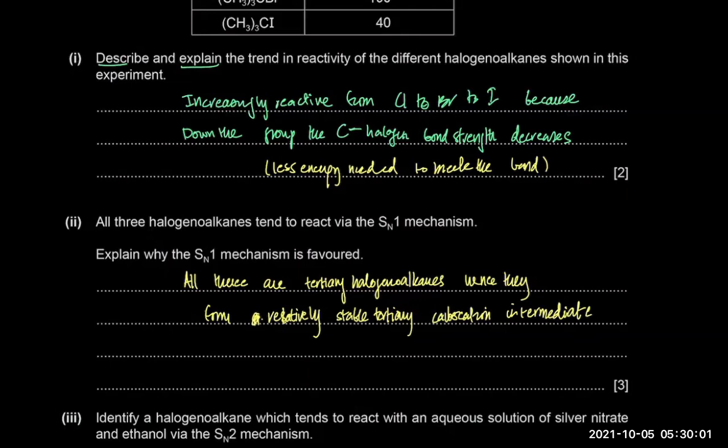And why is this tertiary carbocation intermediate more stable? This is due to the electron donating effect of the alkyl groups, or you can say the positive inductive effect of the alkyl groups.